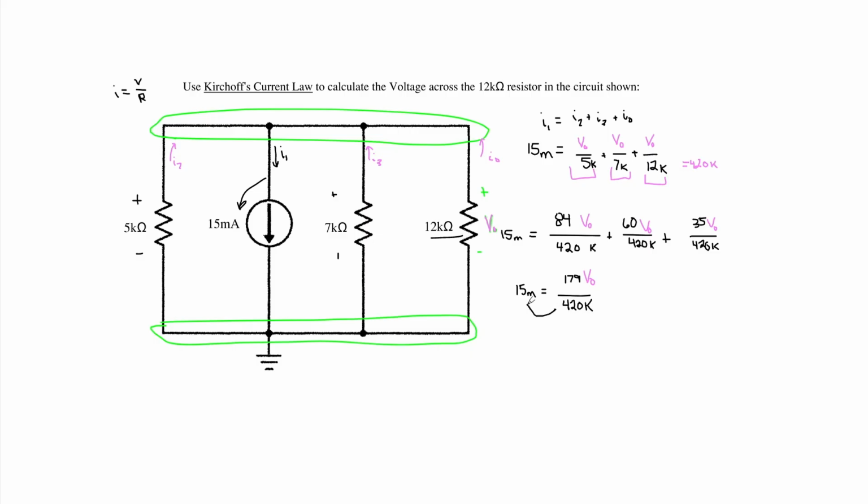Multiplying both sides by 420,000 and then dividing by 179, we are able to determine that our V naught is equal to 35.195 volts.